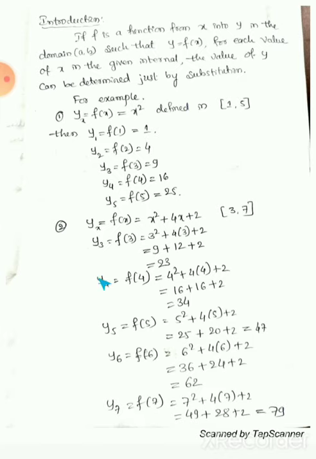Therefore, I denoted y3. y3 is equal to f of 3, which is 23. And filling in x is equal to 4, you get y4, or f of 4 is equal to 34. Similarly, fill in x is equal to 5, 6, and 7 in your function, and you will get the y values.